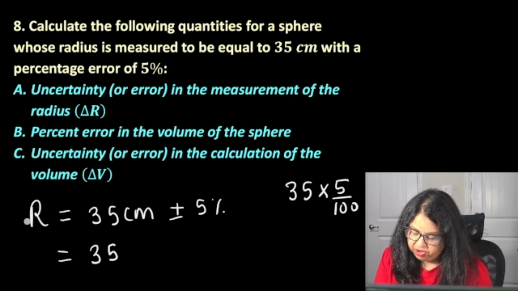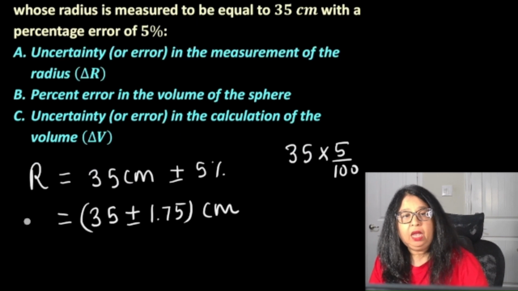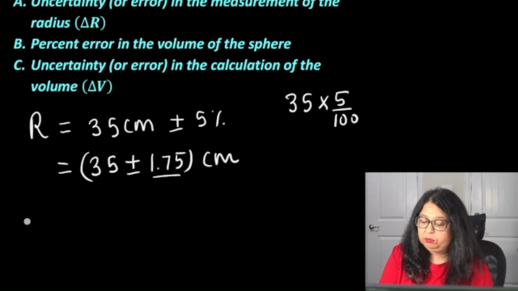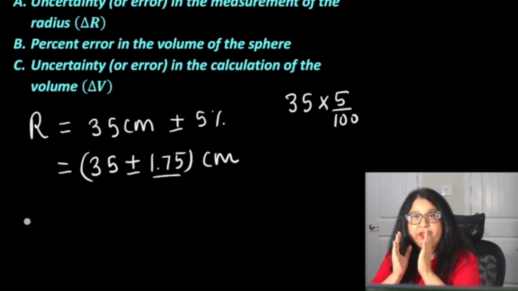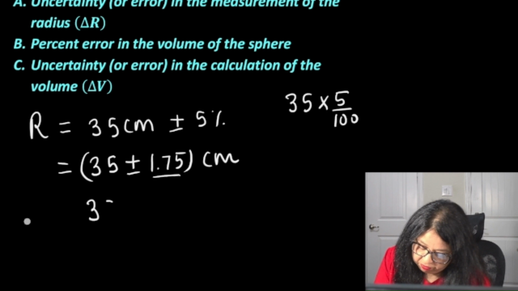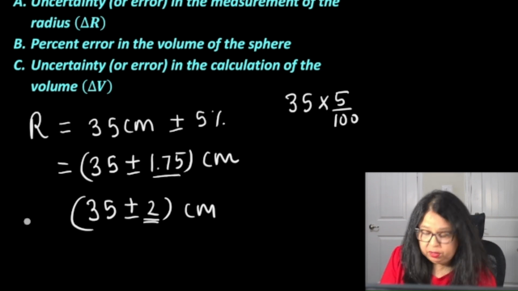So this is 35 plus minus 1.75 centimeters. And I know I have been beating this drum that the uncertainty must be up to the same number of decimal places as the number. So technically speaking, this should be 35 plus minus 2 centimeters, because now this is a whole number just like the actual radius is.